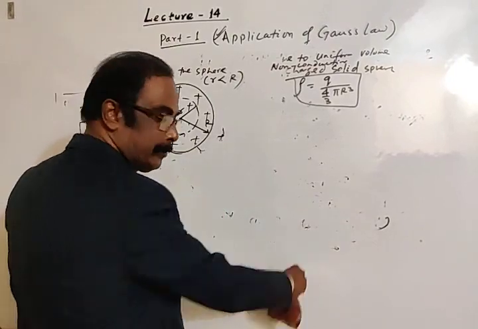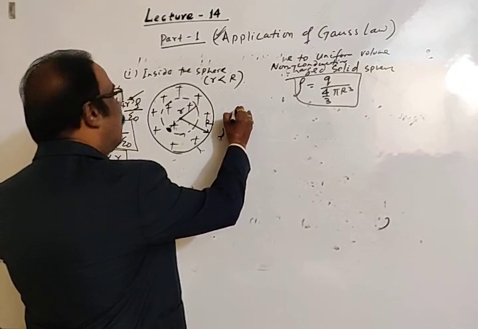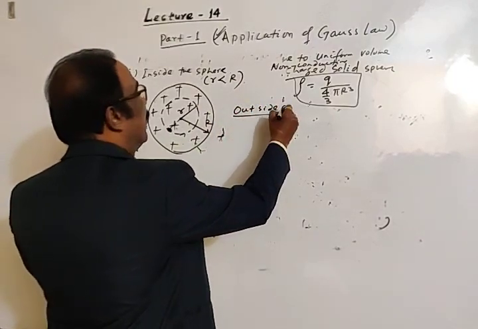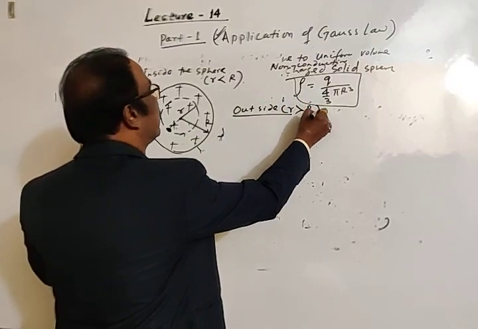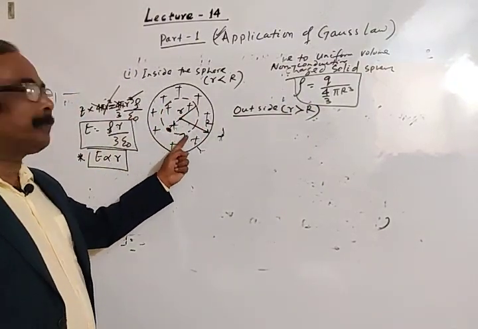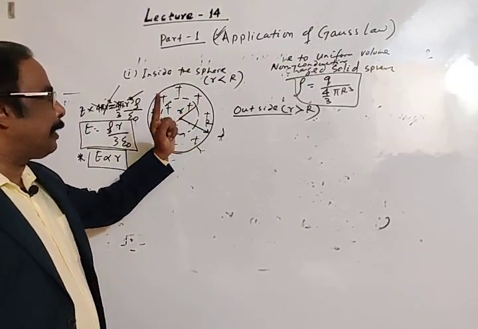Then we will take number 2, outside the sphere. Outside means small r is greater than capital R. This is inside, where we took an imaginary Gaussian surface, a spherical surface of radius r.